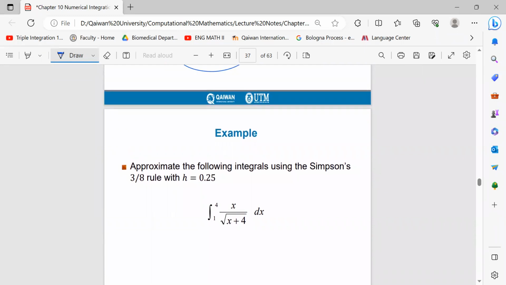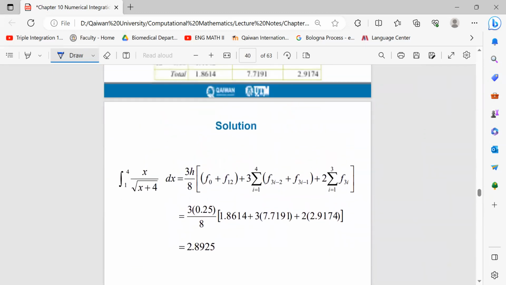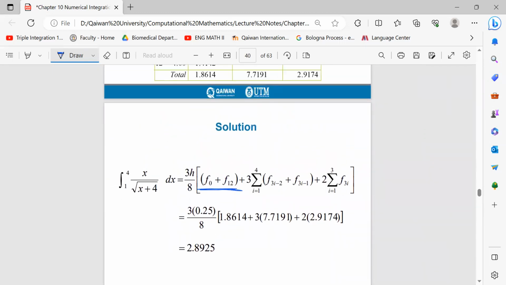Here we have another example. It says approximate the following integrals using Simpson's 3 over 8 with h to be 0.25. It's the same procedure. If we have the rule, it's easy. Okay, look. The rule is first and last.